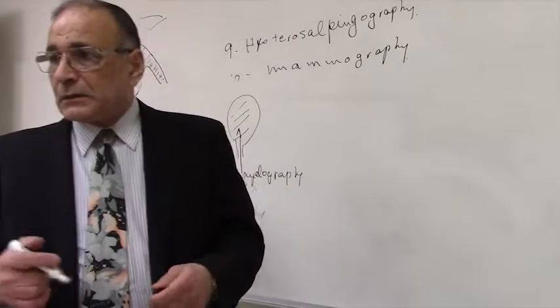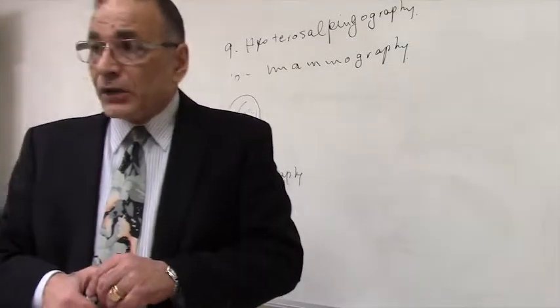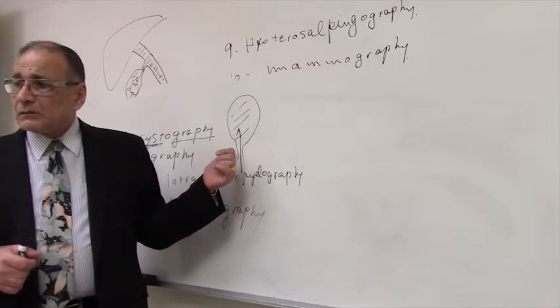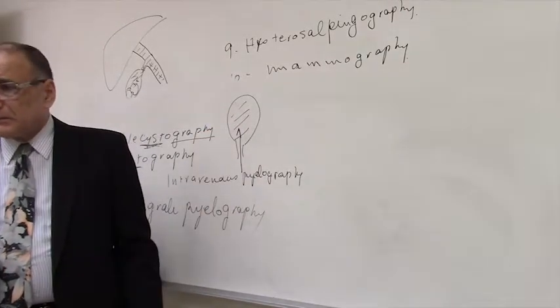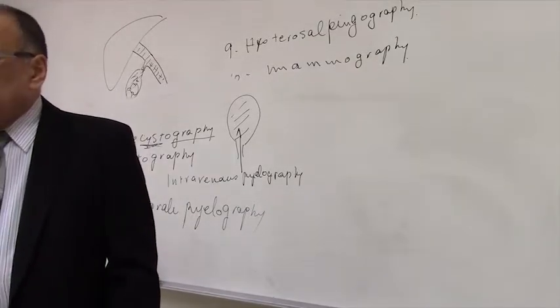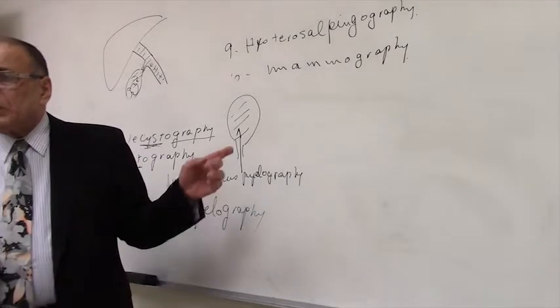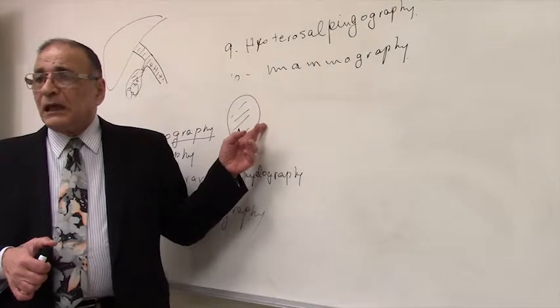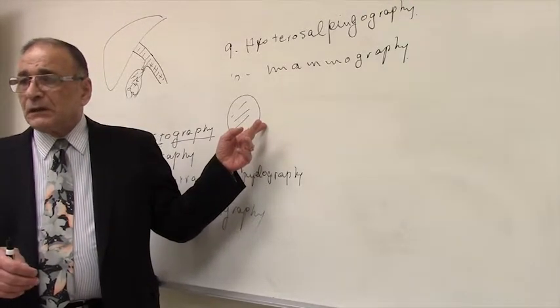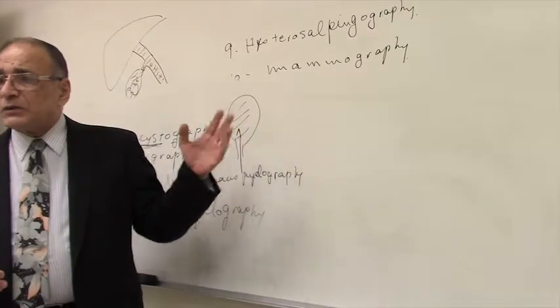These are the two ways, either intravenous or through the urethra. It's called cystography. Why do you do that for the bladder? What do you want to see in the bladder? Any inflammation or tumor.